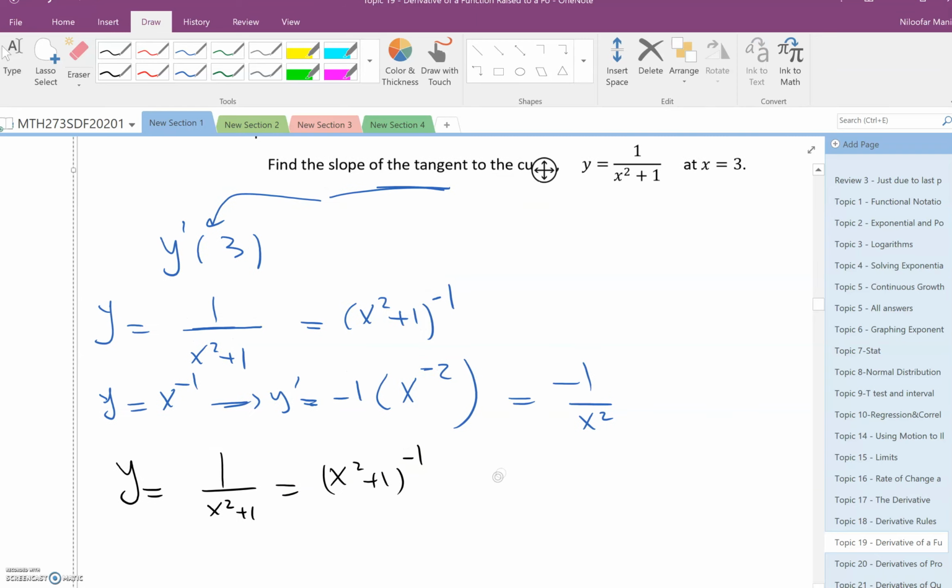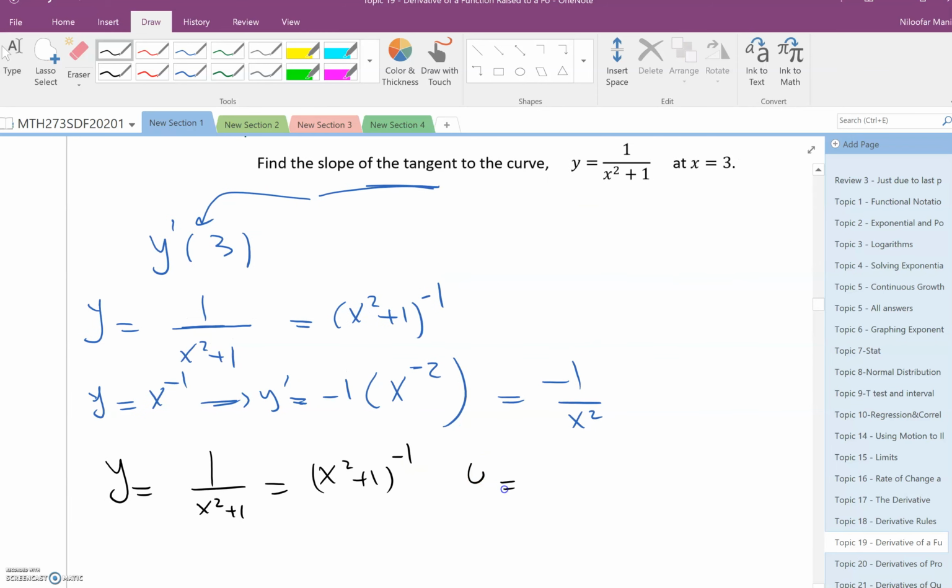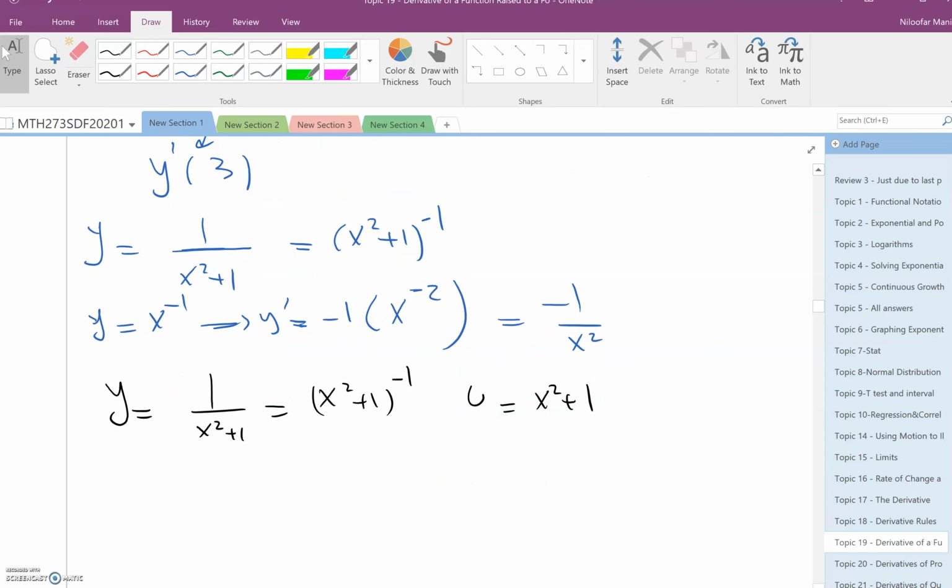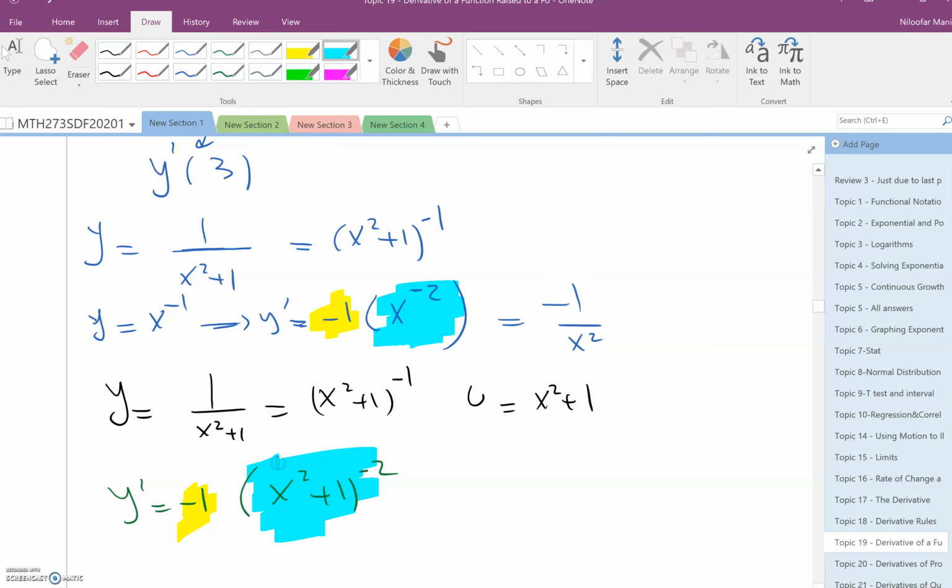I have u as x squared plus 1. So the answer is y prime equals minus 1 times x squared plus 1 to the power minus 2. See, I colored it so you know which one is which.